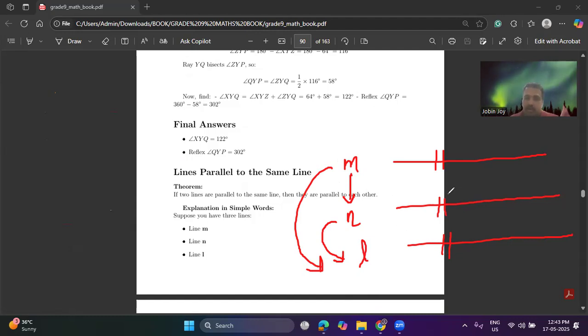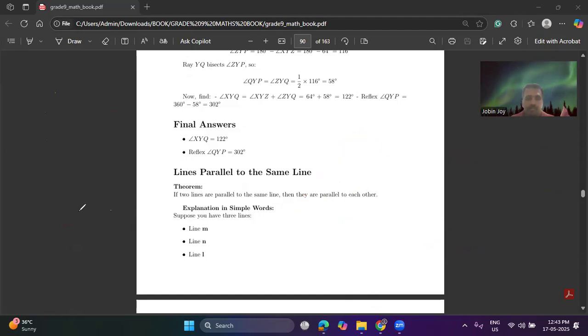If two lines are parallel to the same line, then they are parallel to each other.